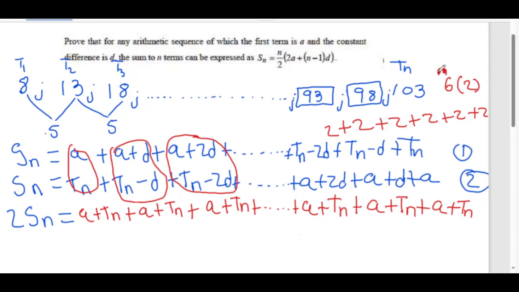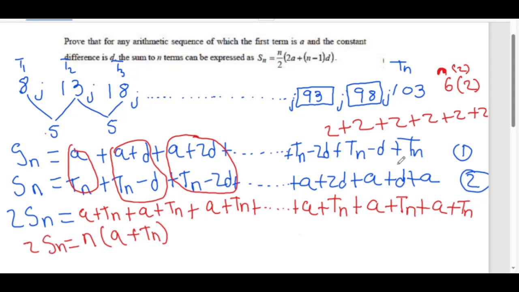So this n represents the number of terms we have. We don't know how many a plus Tn there are, so we represent them by n. So we have 2Sn equals n times a plus Tn.